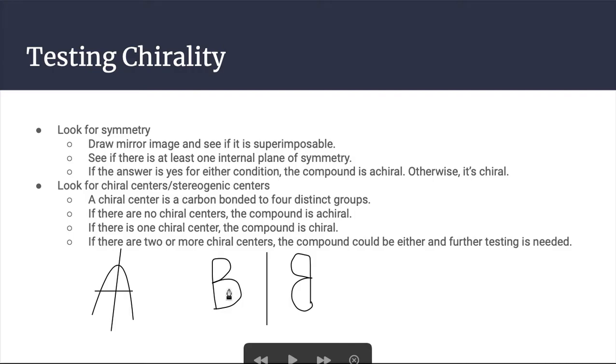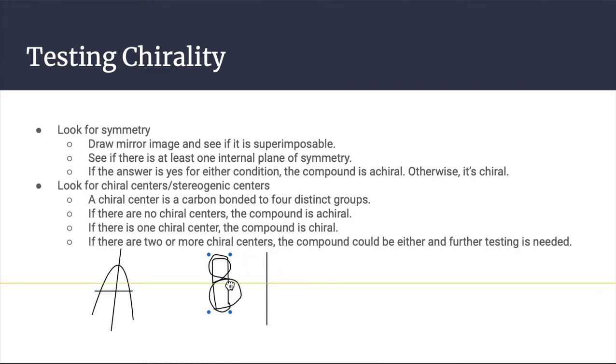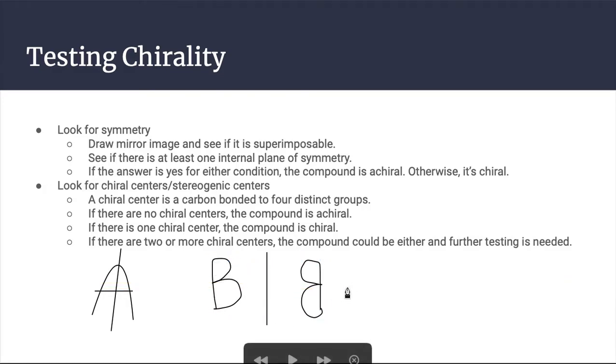If you look at the letter B and its mirror image, even if I did draw it perfectly, you can see that it wouldn't superimpose on top of each other perfectly, right? But if I had just done the plane of symmetry test, I can draw a line right through here, and if I drew the letter B a little better, the top would look like a mirror image of the bottom.